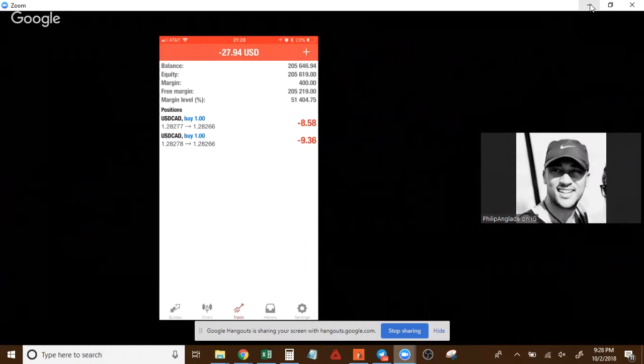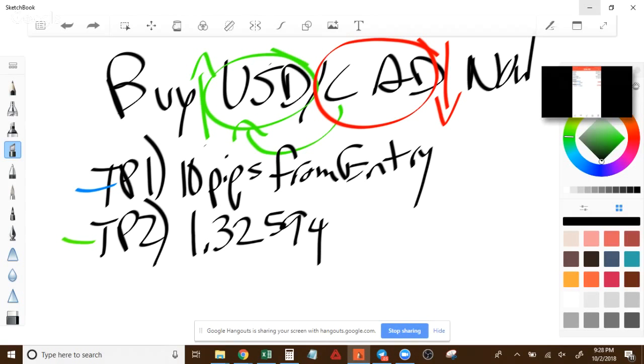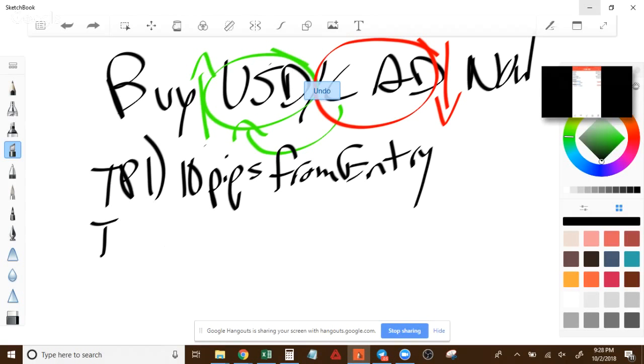So what I want to do is I now want to write down my first entry price. So this 1.28277, right? So let's write that down. I'm gonna take off this take profit number 2 thing. Just remember it's 1.325954.